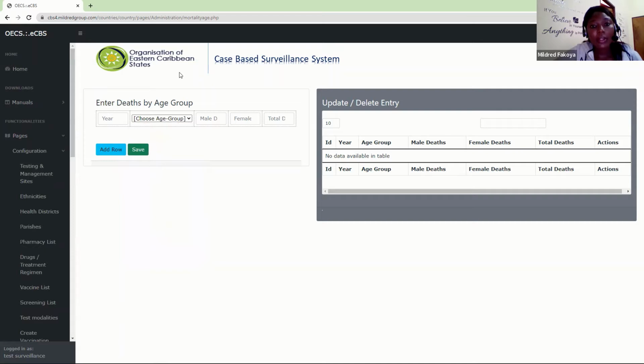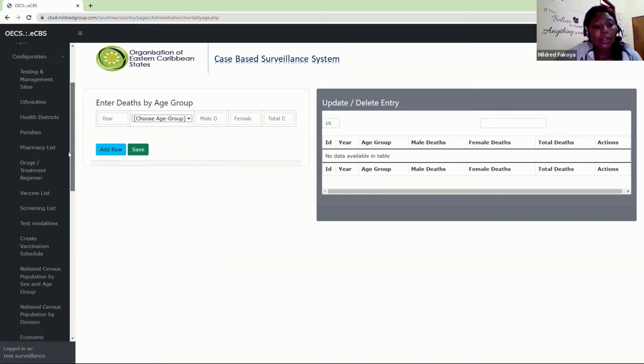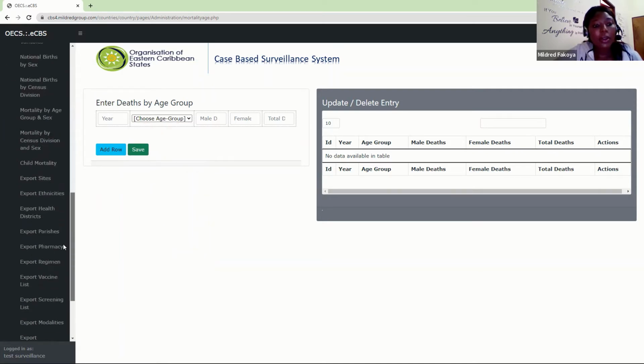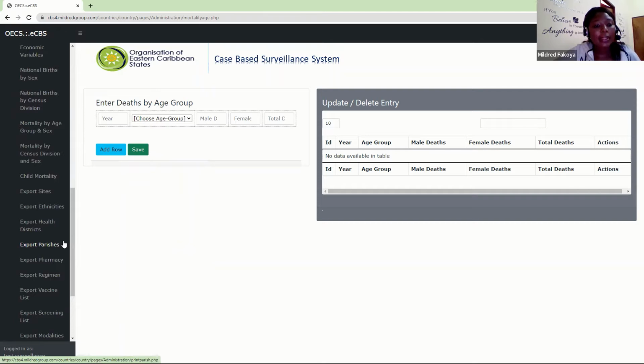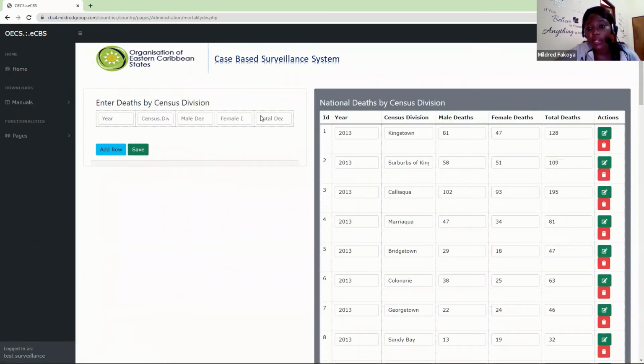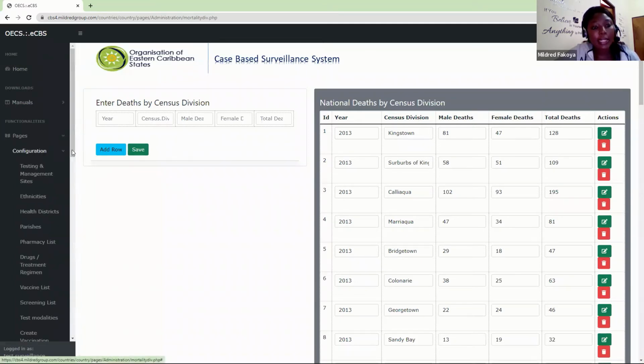You also enter the mortality by census division and sex, which is also optional. If you have the deaths recorded for each different census division, you want to record it. If not, you can leave it blank. And then you also record the child mortality.